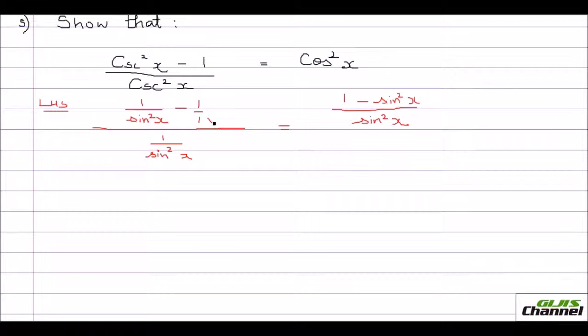To make the denominator same, I just multiply the numerator and the denominator of this side with sine square x. Now I got on the numerator 1 minus sine square x over sine square x, the whole thing divided by 1 over sine square x, right?